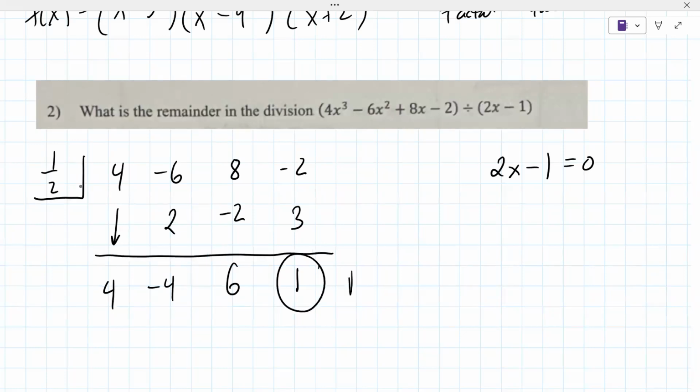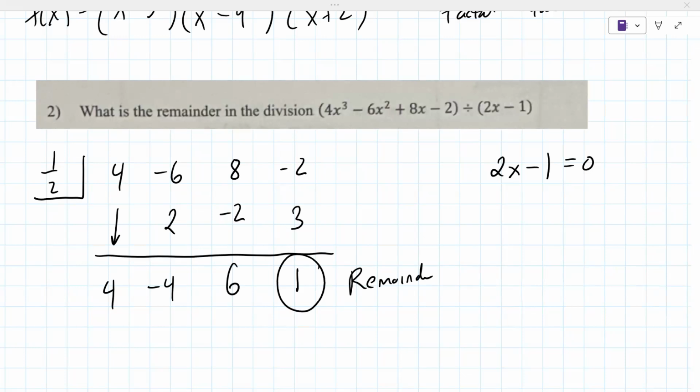This last number is always the remainder. Oh, okay. Yeah. All right. Any questions on that? No, that makes sense. Okay.